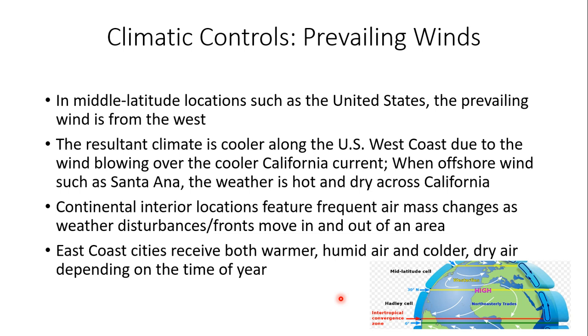Now, when offshore winds occur across California, it's an entirely different type of temperature regime. When the winds blow offshore, that generally leads to a wind known as a Santa Ana, and that basically brings the wind over hotter, dry desert areas towards the coast. Those winds also tend to move down the Santa Ana Mountains in Southern California.